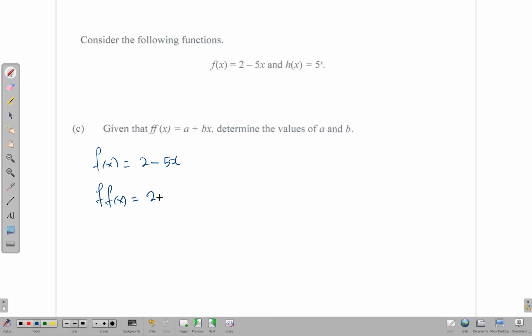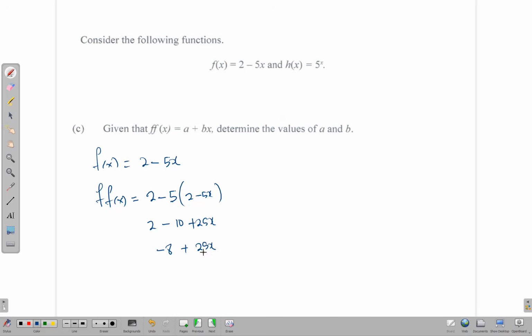So we have the 2 minus 5. Now f of x is 2 minus 5x, so we write that back here, and then just do some tidying up. 2 minus 10, 5 2's are 10, and then this minus 5 times that minus 5 there gives us a plus 25x. Negative 5 times negative 5x, 2 take away 10 here, gives us negative 8 plus 25x.